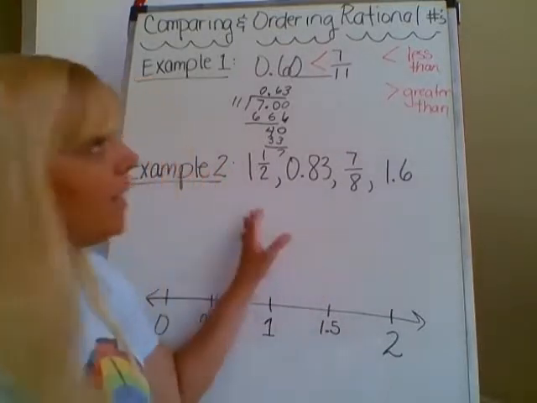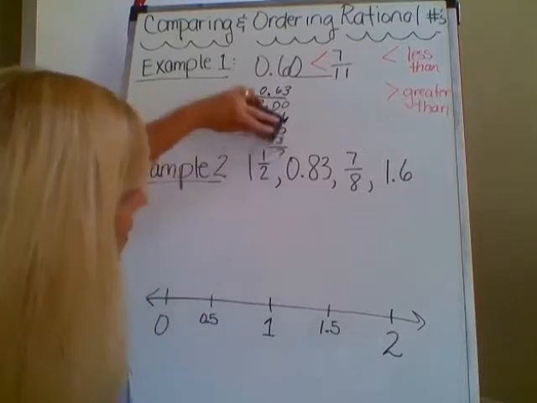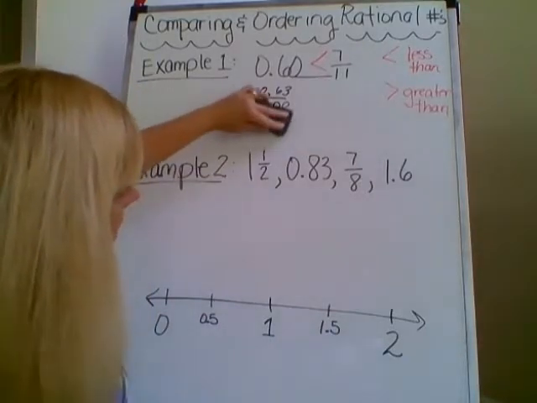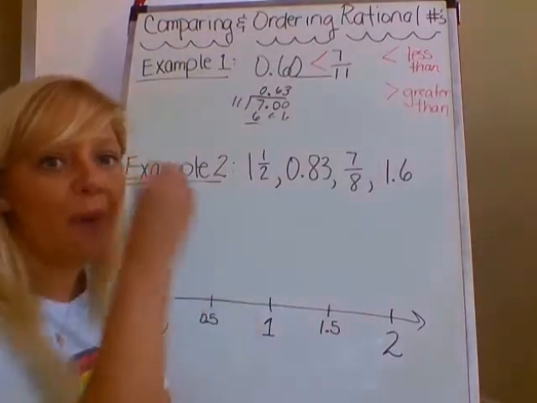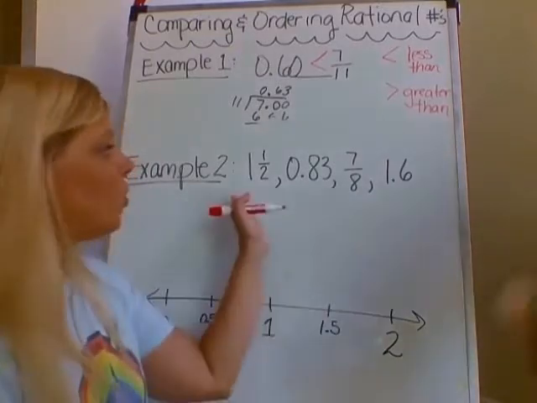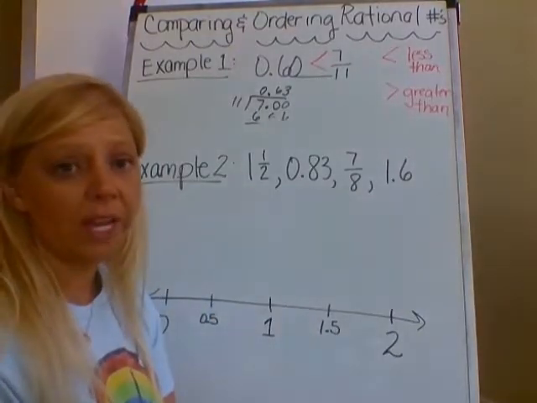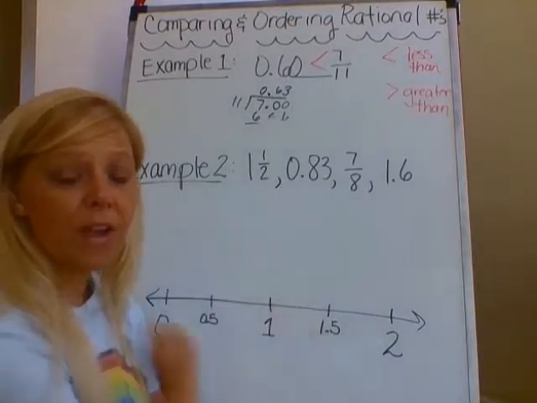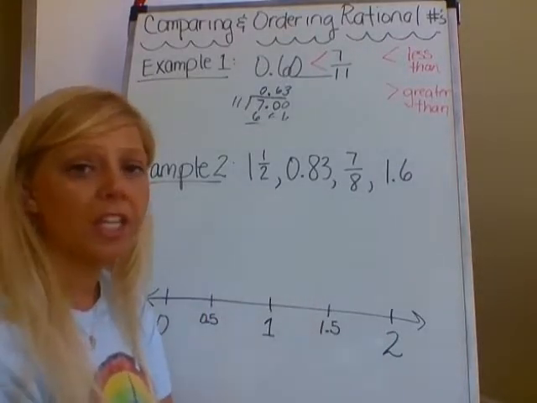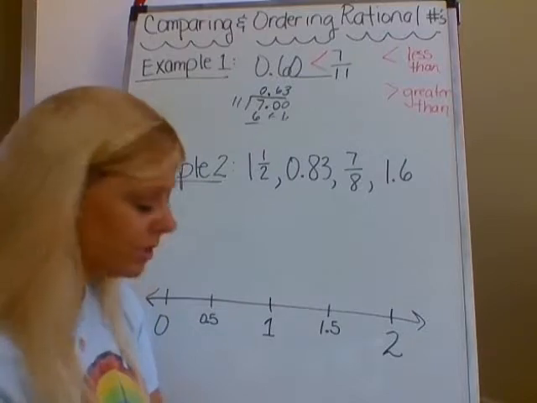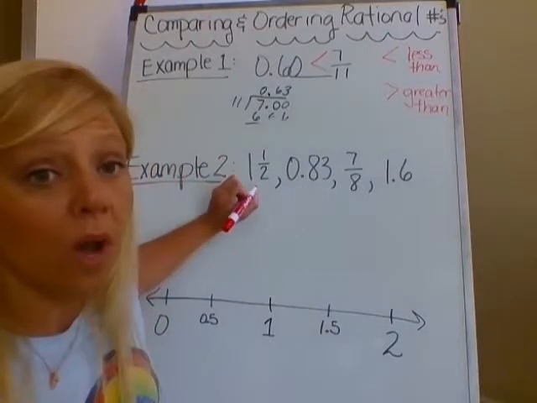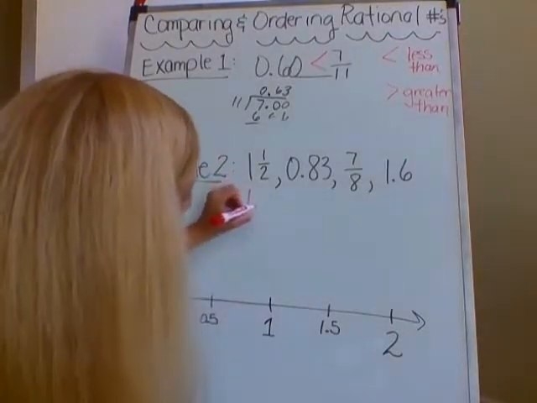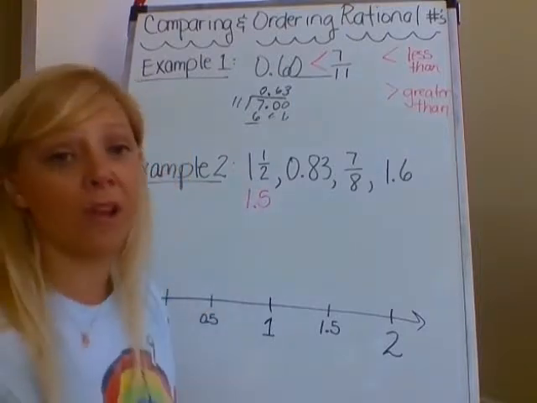All right, moving on to my next one. Okay, let me go ahead and erase some of my work right there so it's not in the way. All right, so I want to order these from least to greatest. Again, I can place these on a number line if I feel that I can do that, or I can change my fractions into decimals. I know that 1.5 is 1 5/10.